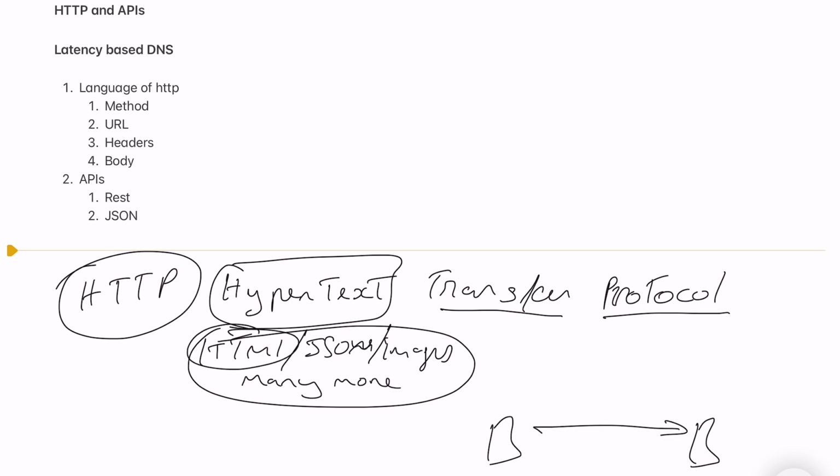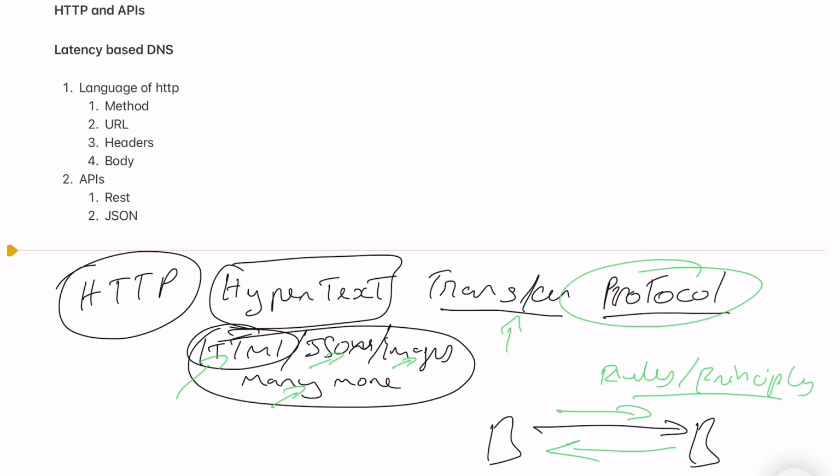That data can be in the form of HTML, JSON, images, and many more, right? And that transfer is happening from one system to another system, and there are certain rules or principles to follow, which is your protocol part. Okay, so that is the basic definition of HTTP.